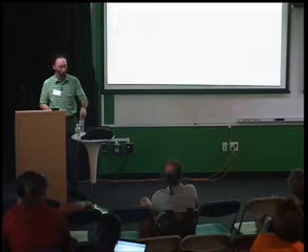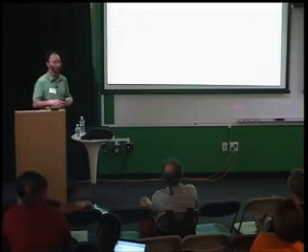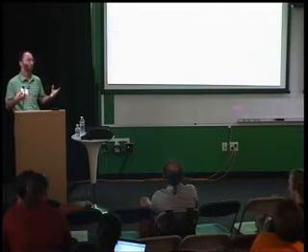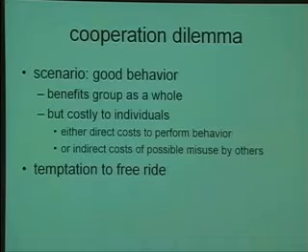The concept of reputation is often studied in a scenario that's thought of as a cooperation dilemma of some sort, where you have a group of people, and there's some notion of good behavior and bad behavior, however you care to define that. And the good behavior has a benefit for the group as a whole, but it's costly to some individual, to all the individuals actually.